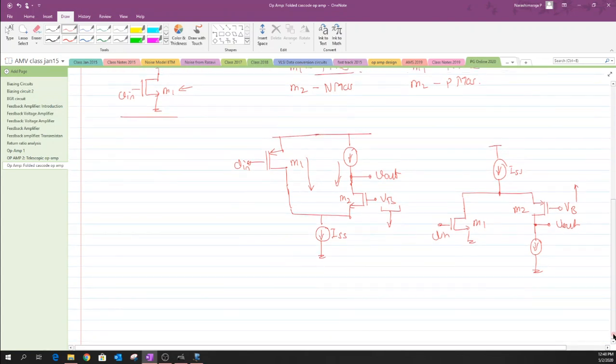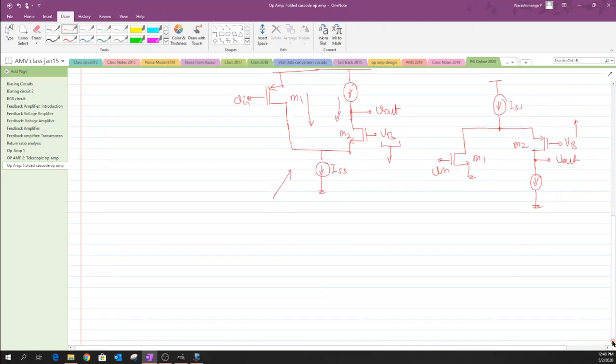So now I will just try to utilize the folded up configuration in order to realize the folded cascode op amp with PMOS input, or PMOS differential input.